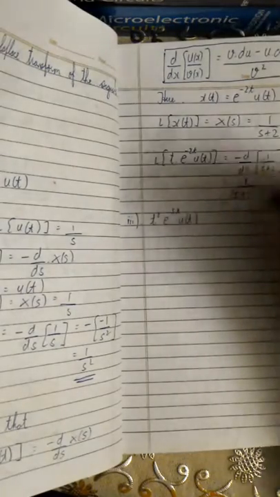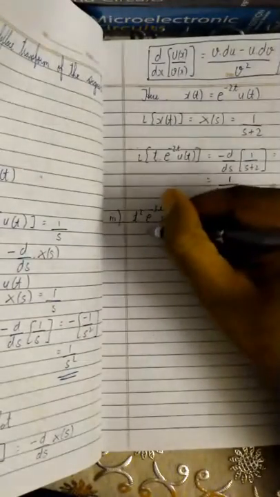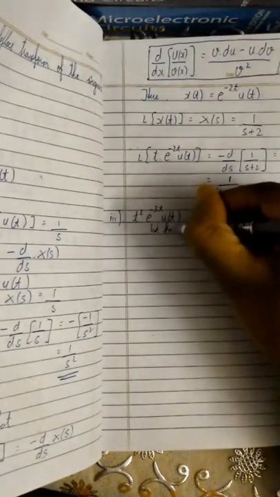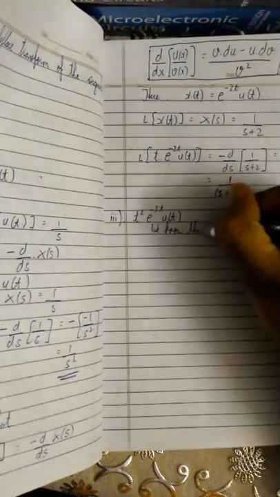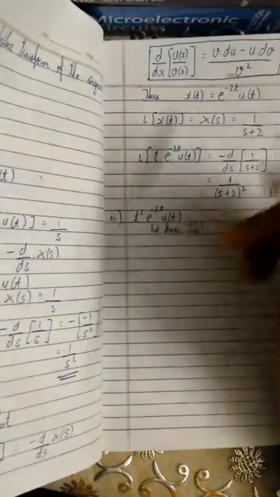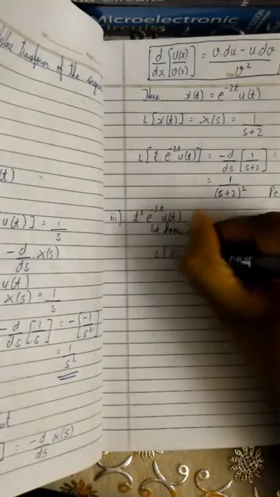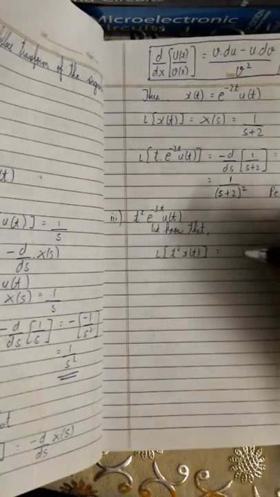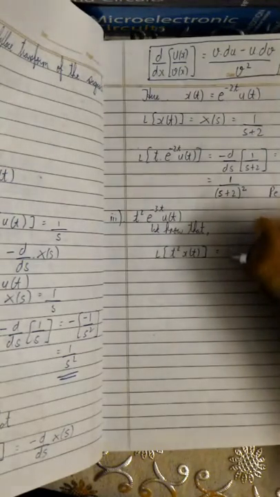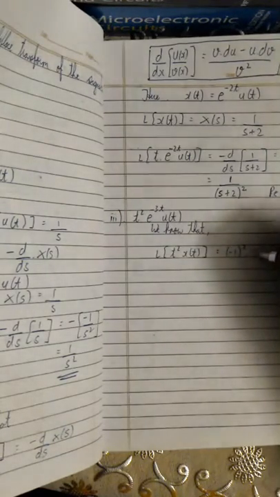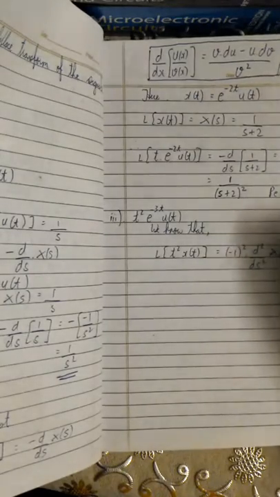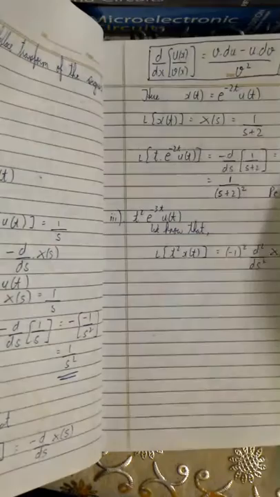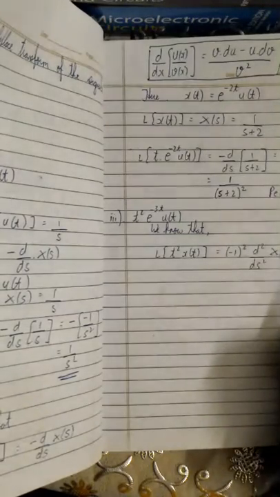So here we know that the Laplace transform of t square x of t is nothing but minus 1 raised to square into d square by ds square of x of s. Minus 1 the whole square is plus 1 itself. So it is d square by ds square of x of s.